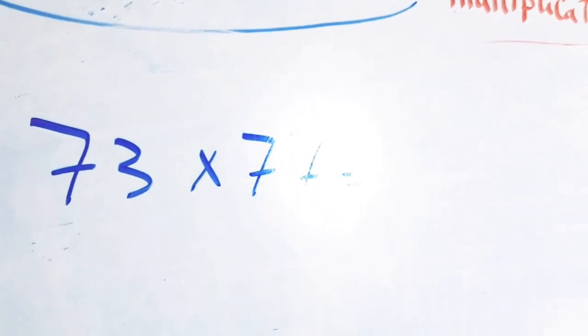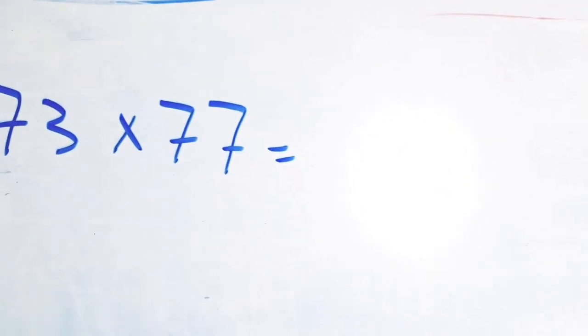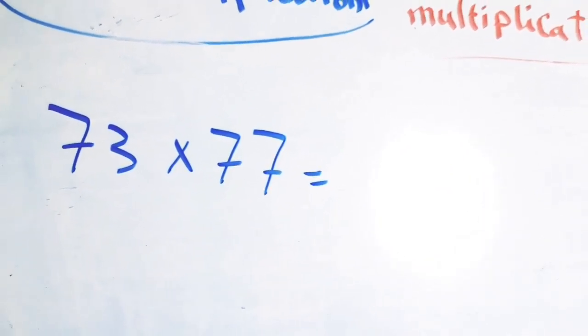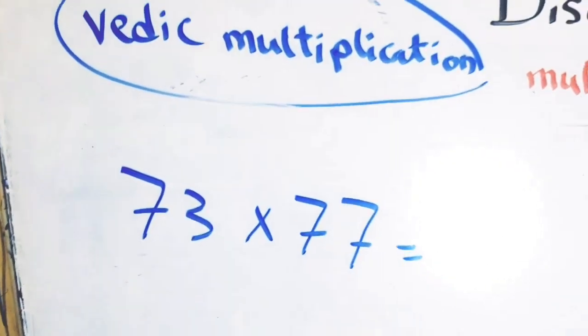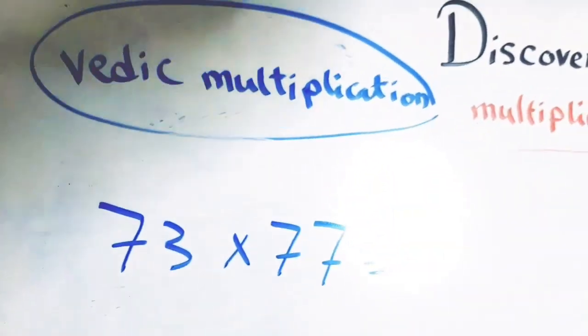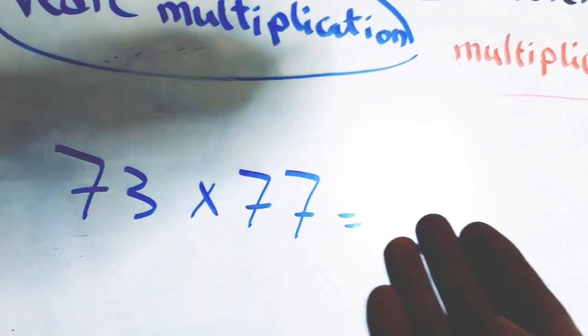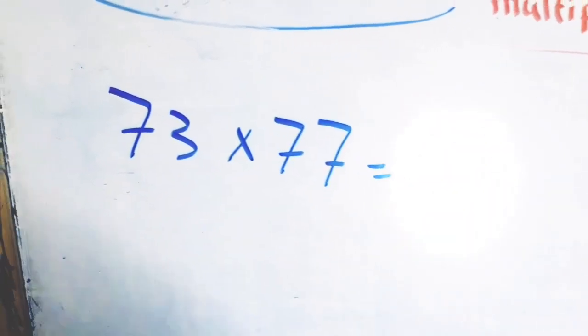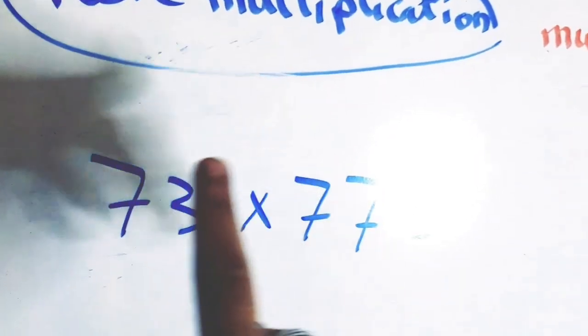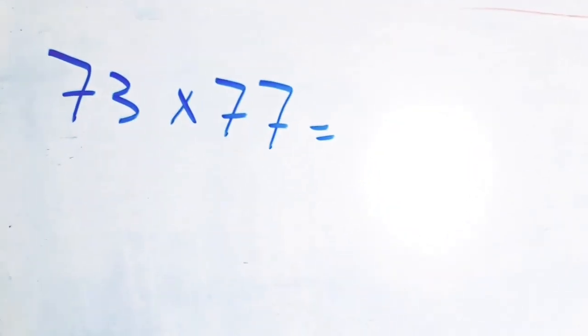We want to reach the multiplication product in one step. What will we do? We will use the Vedic multiplication trick to reach the product here. But please look at the two numbers.